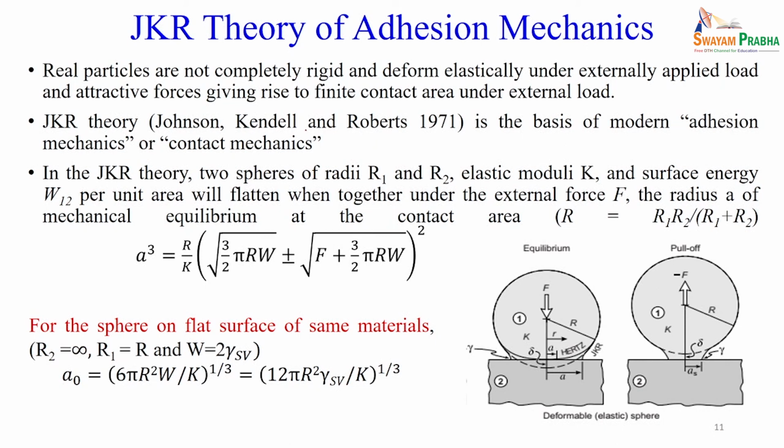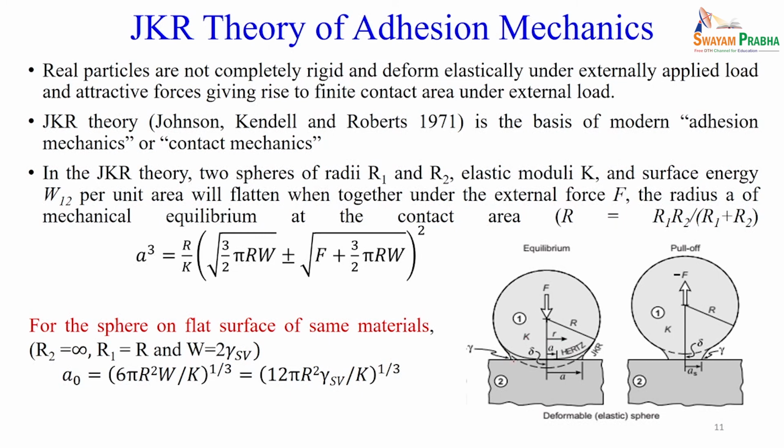What it suggests is that real particles are not completely rigid and deform elastically under external applied load and attractive forces, giving rise to a finite contact area under the external load. So if we consider this case, there is a deformation in the sphere.